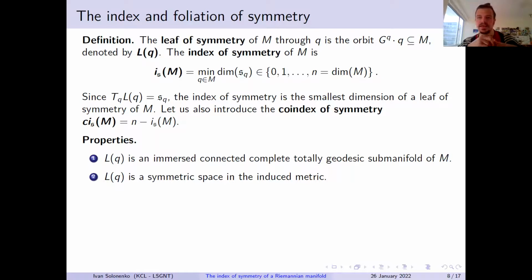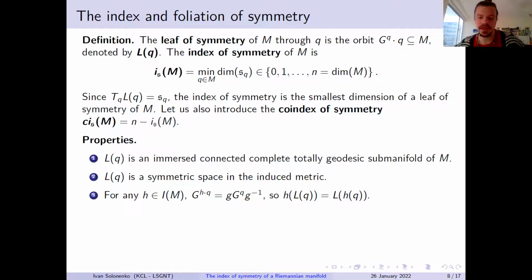So basically, we can just say that at every point of the leaf of symmetry, and for every tangent vector at this point, there exists some Killing vector field on the leaf of symmetry, which has this value at this point and whose covariant derivative at this point is 0. Why? Because such a vector field exists on the whole manifold, and then we just restrict it to the leaf of symmetry, and this restriction is a good operation because the leaf of symmetry is totally geodesic. So this is a symmetric space.